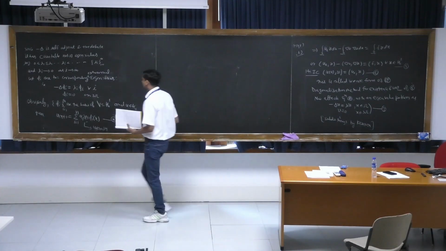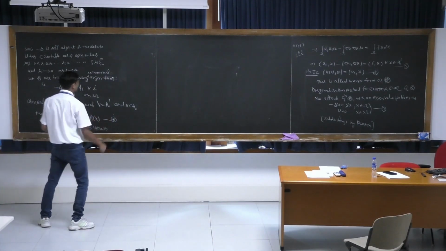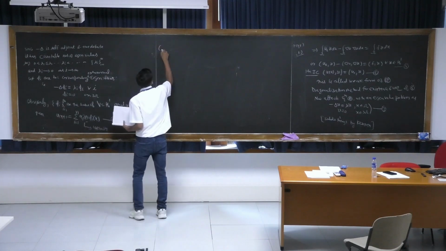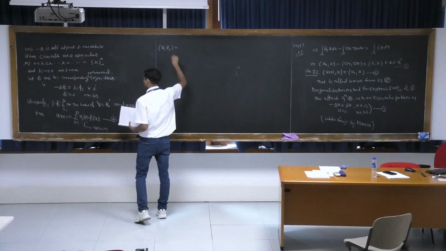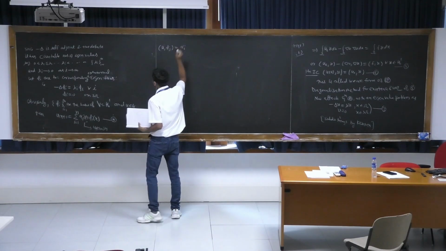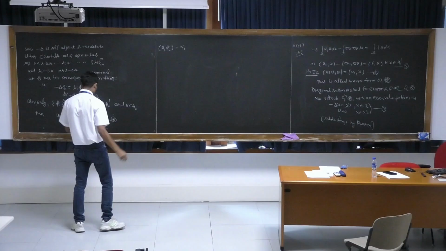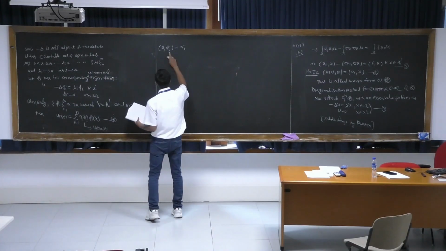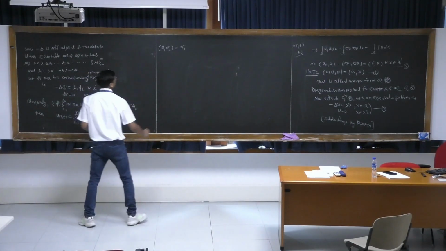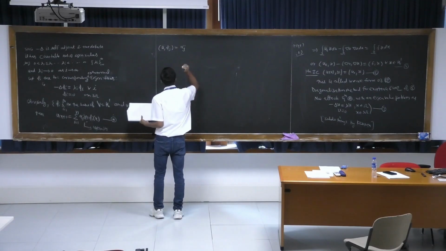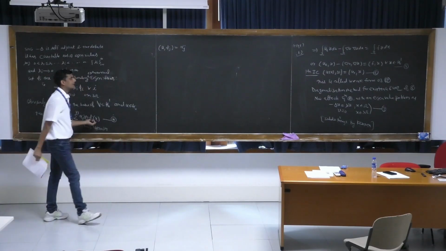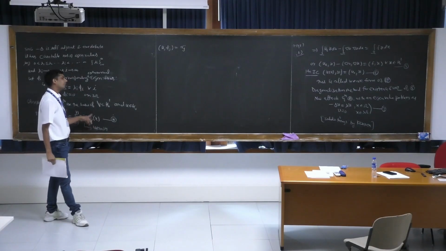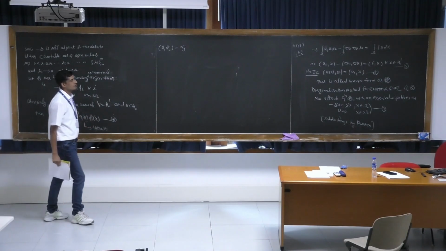Taking the inner product of both sides with respect to phi j, u phi j is equal to alpha j, because due to orthonormality, when i equals j this becomes 1, otherwise 0.